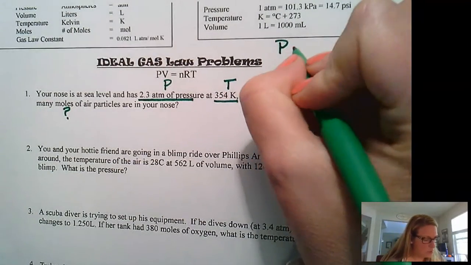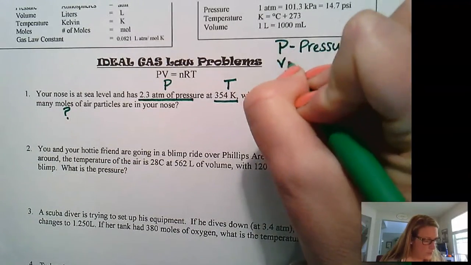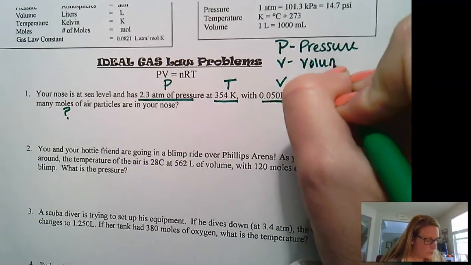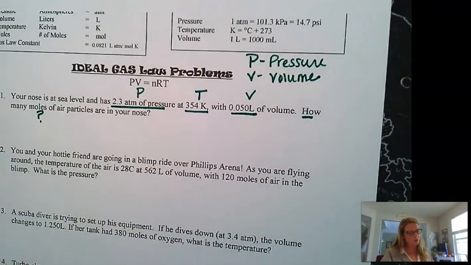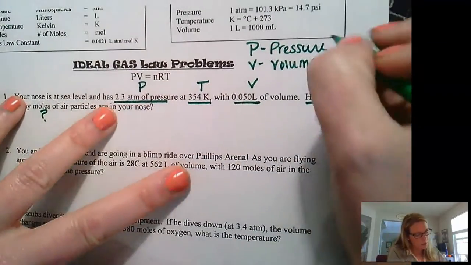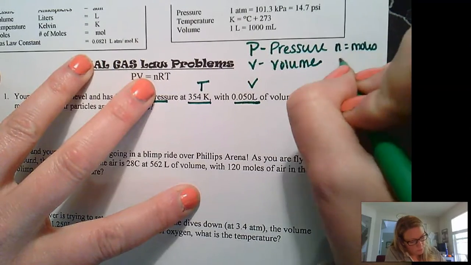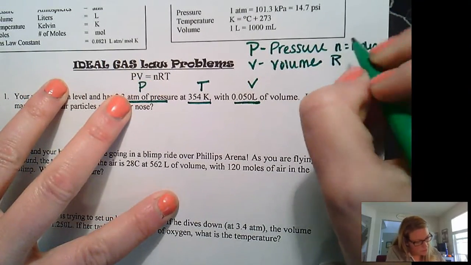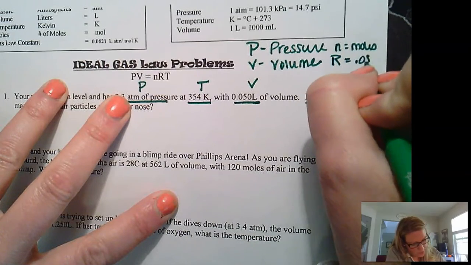Let me have you write this down. P is pressure. V is volume. And then on the other side of that equation, n is moles, R is the gas law constant, and that is 0.0821.